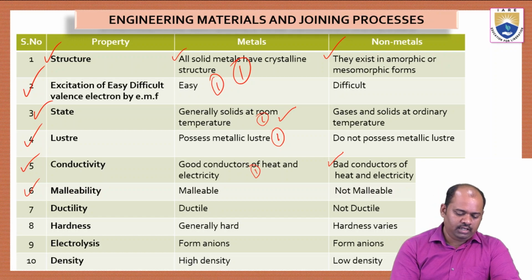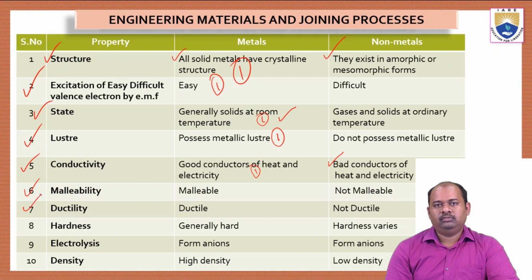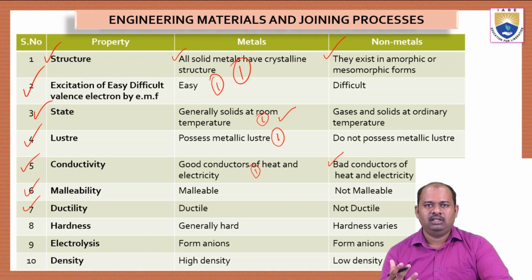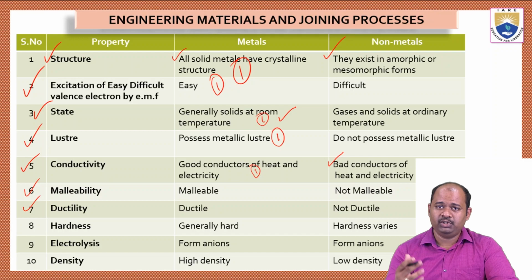And then the seventh one, ductility. Ductility is the property which enables the metal to not instantly break when a load is applied. It will take some time, or it will undergo considerable deformation, before breaking.